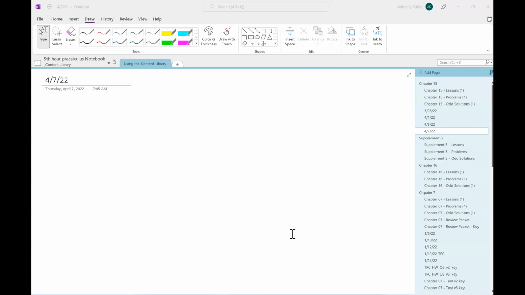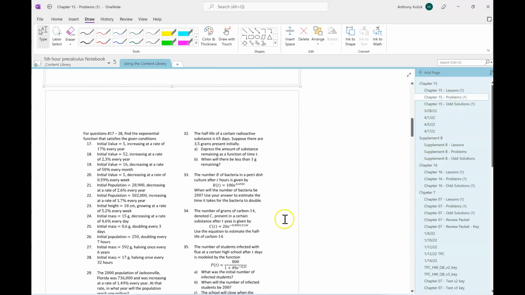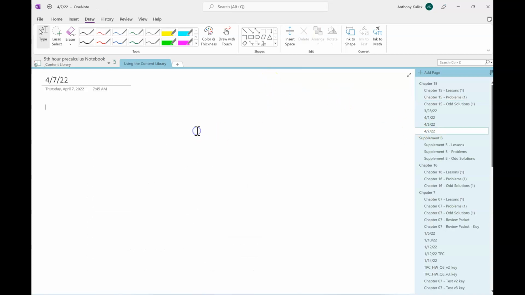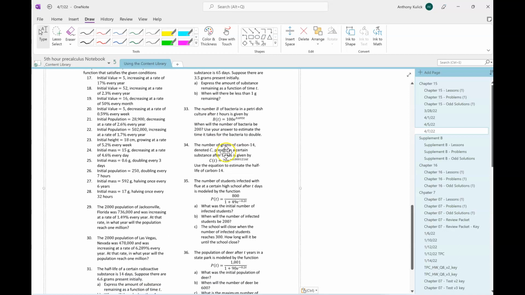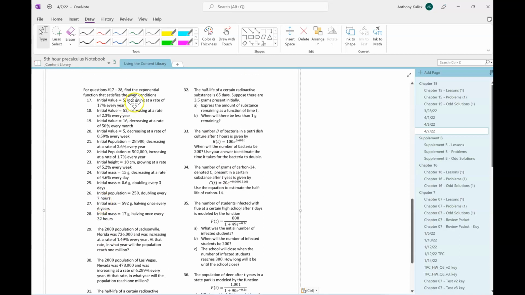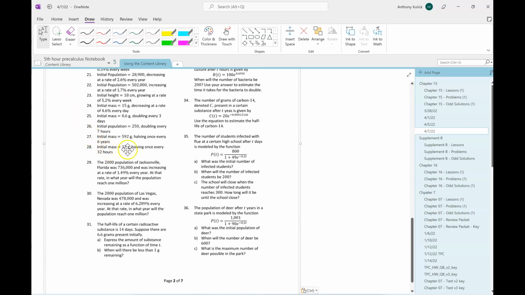Claire. 28, you say? Yeah. Sure. So 28 says, find the exponential function that satisfies yada, yada, yada. So this is basically a half-life problem.